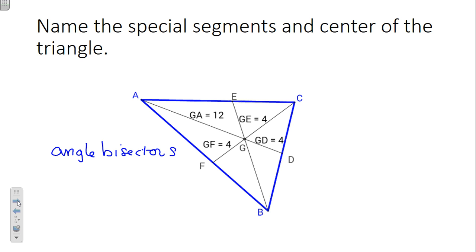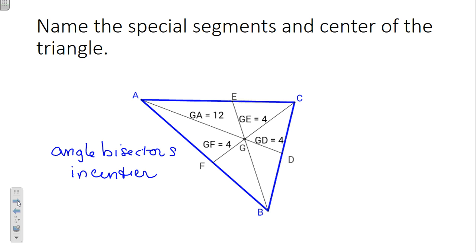The angle bisectors formed this point G, and G's special name is incenter. A went with I. Questions on that one?